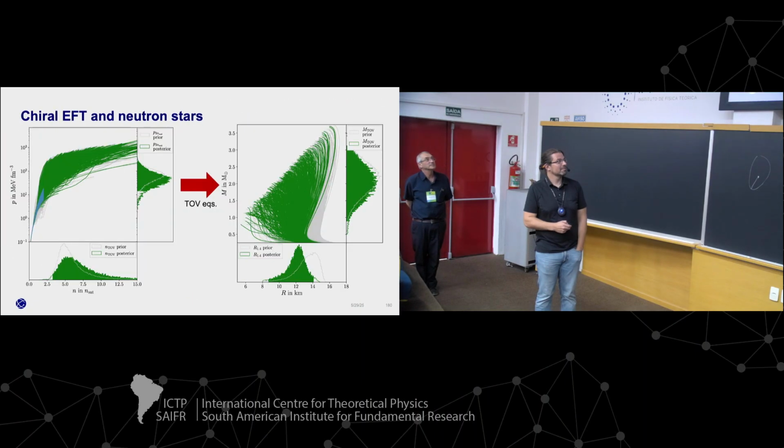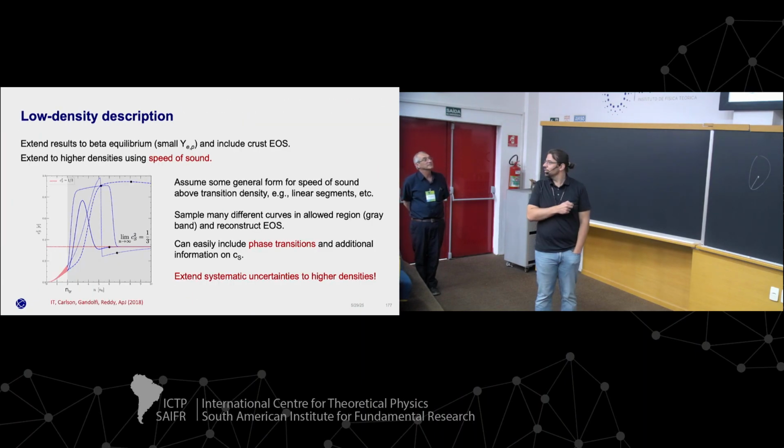This is why we do this. Any particle you put in, any degree of freedom, will give you one curve in the speed of sound, with the speed of sound between 0 and 1. If you sample all of them, you sample every degree of freedom possible. Let's say this blue dashed curve is the true one in nature.